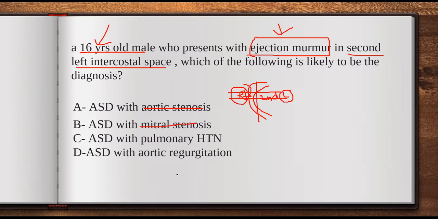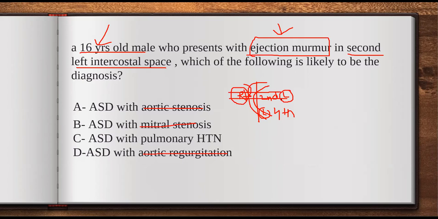Aortic regurgitation: where do you get the murmur? You get it in the left fourth intercostal space, along the sternal border. So aortic regurgitation is also out.